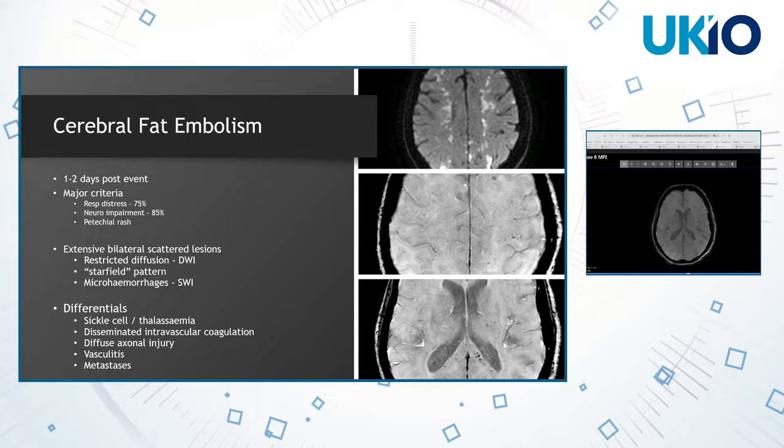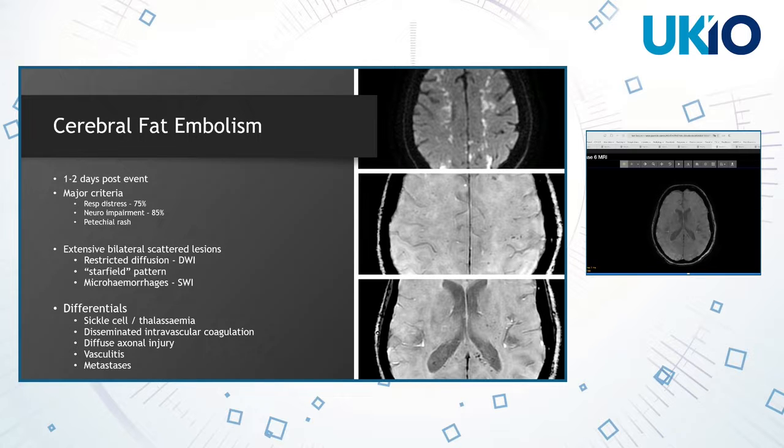Might remind you of the Great Hall in Hogwarts Castle and its enchanted roof, and microhemorrhages. And it's really that combination of both DWI changes and SWI changes, microhemorrhages and the restricted diffusion, that helps to confirm a diagnosis of fat embolism.